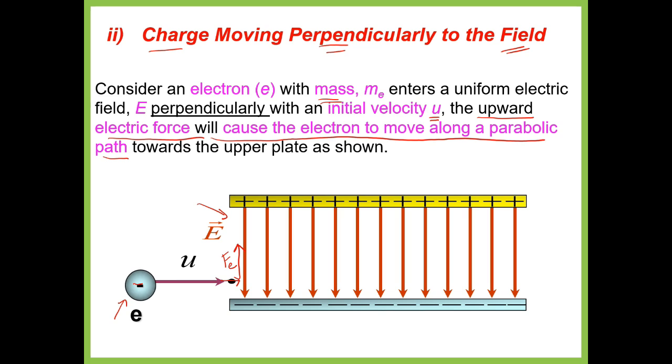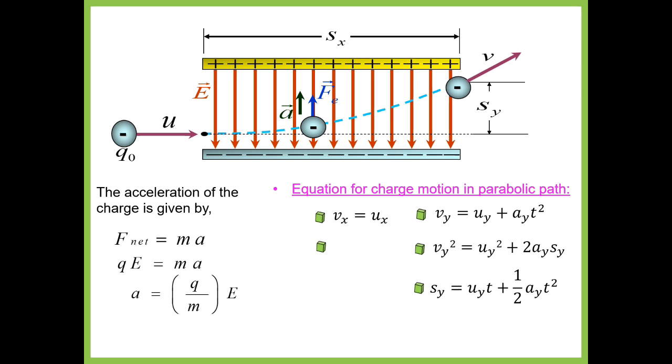So here is the motion of the electron in the uniform electric field when it is entering perpendicularly to the field. And this is the trace of the path. So this path is called a parabolic path. The parabolic path is always under the influence of acceleration that is coming from the electrostatic force acted on the electron.